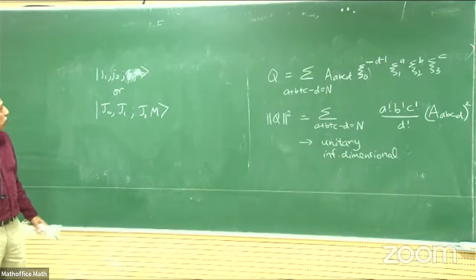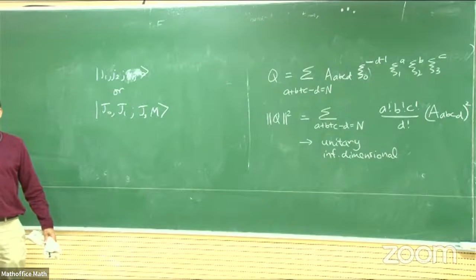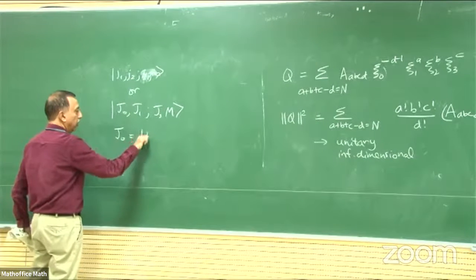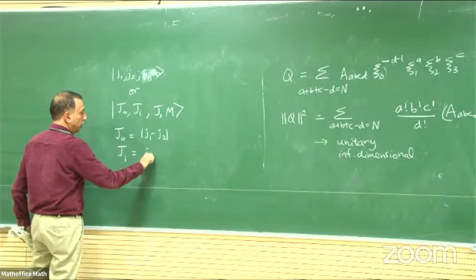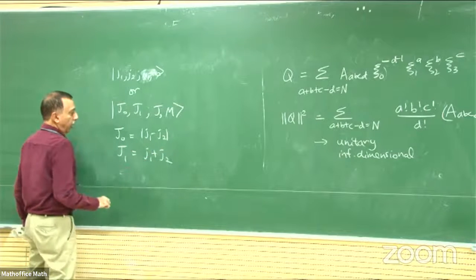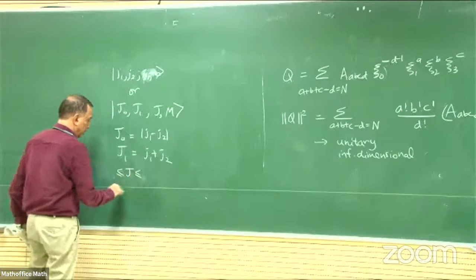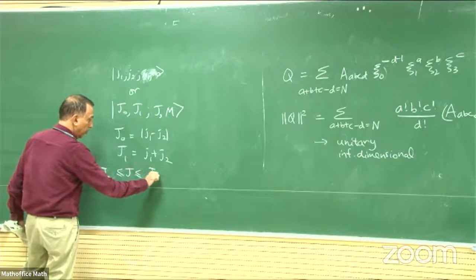Okay. Now, the question is, what are the values of these things? And the answer, so J0, I'll remind you, was J1 minus J2, and J1 was J1 plus J2, and J is any integer or half integer in the range J0 to J1.